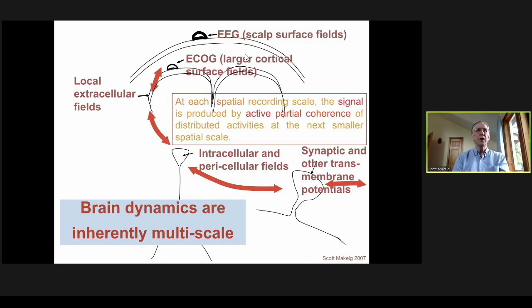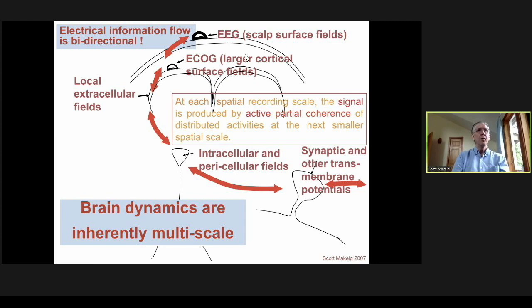And if you record farther away on the surface of the cortex, again, you're looking at synchronies in time and space. Net, after subtracting all the discoherent activities, positive plus negative equals 0, you're seeing the spatially coherent activity that net is volume conducted to the scalp surface, where an EEG electrode can record.